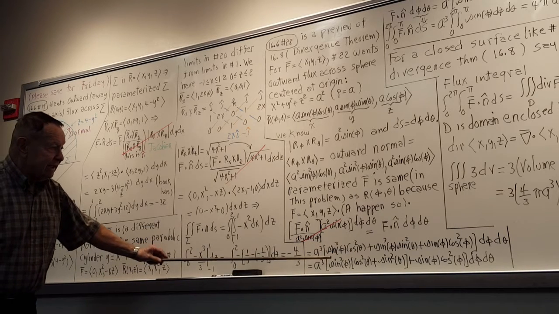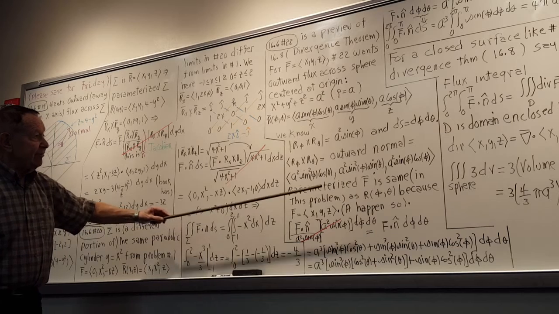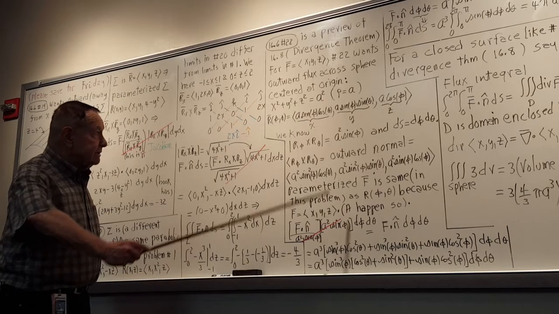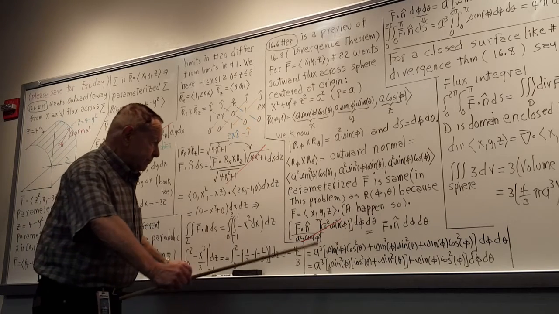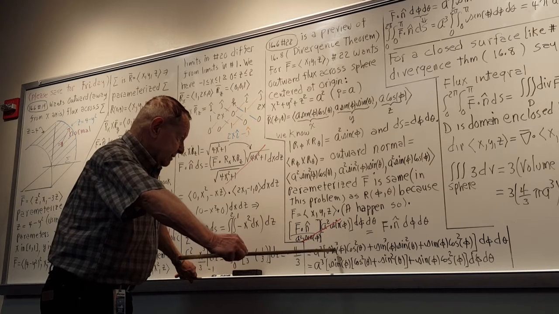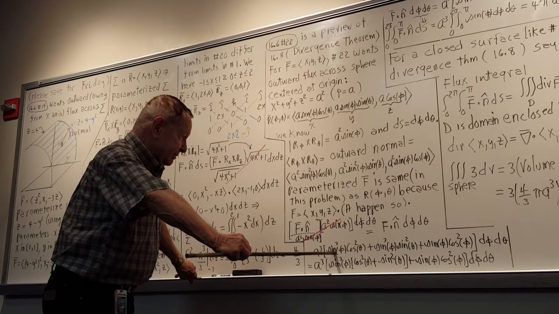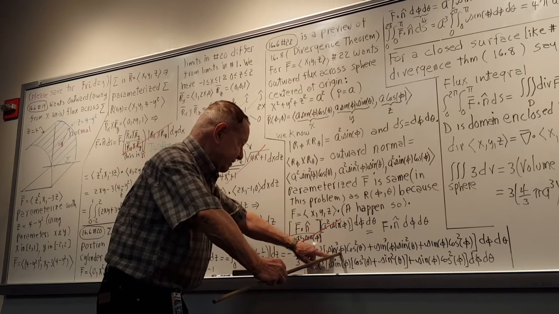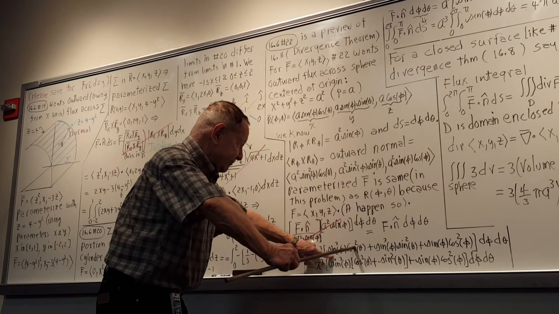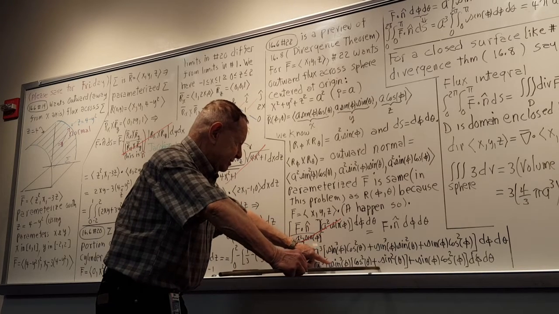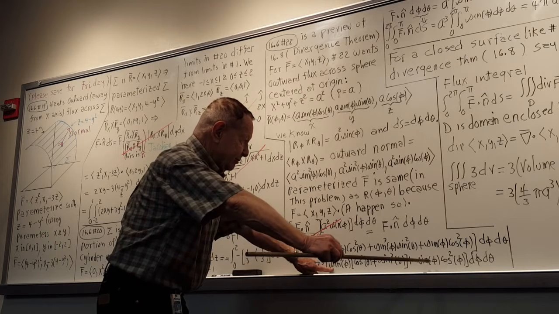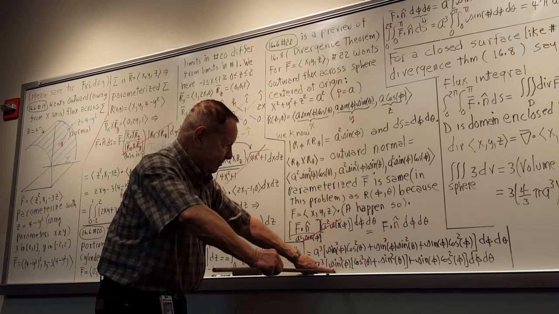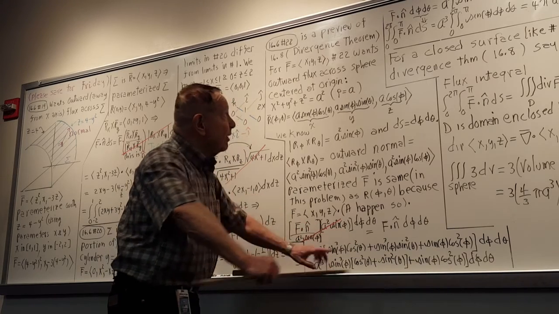So you put in the F, and so what you get looks like this, and then you factor the sine cubed here, and you have cosine squared plus sine squared, which is 1. So now you have sine cubed and sine, so you can factor out a sine, and then you have sine squared here and cosine squared, and that's 1.